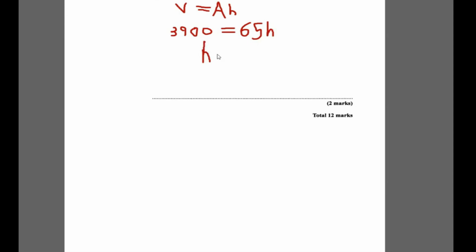Wait, why am I using this? Oh, I'm using the wrong volume. We need to use the maximum volume, the capacity of the tank, which we found was 9.75 liters, which is 9,750 cm³. This will give us the height: 9,750 divided by 65.